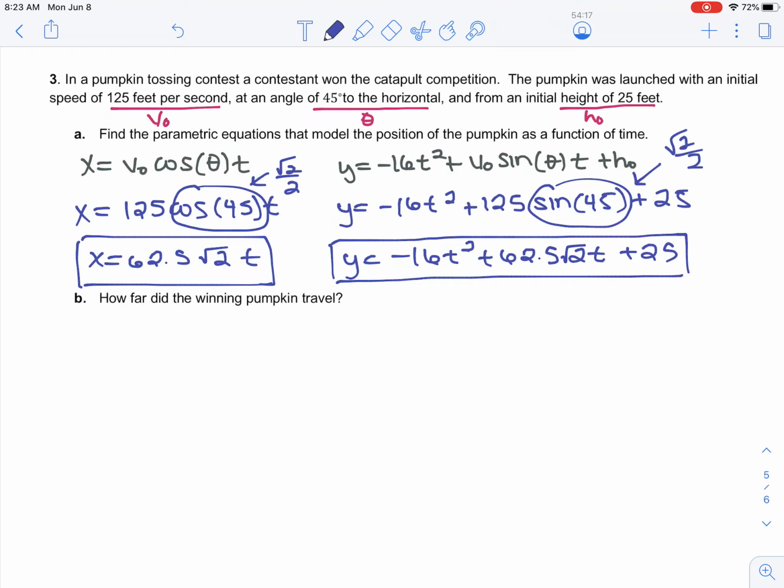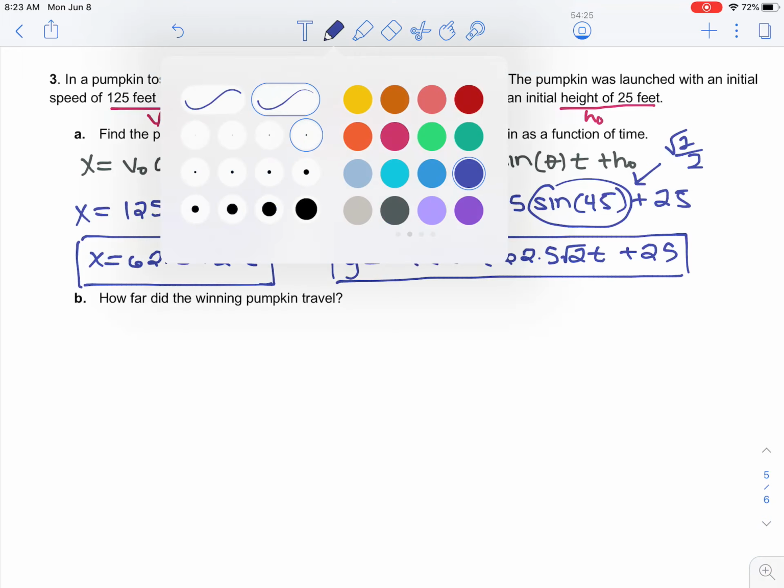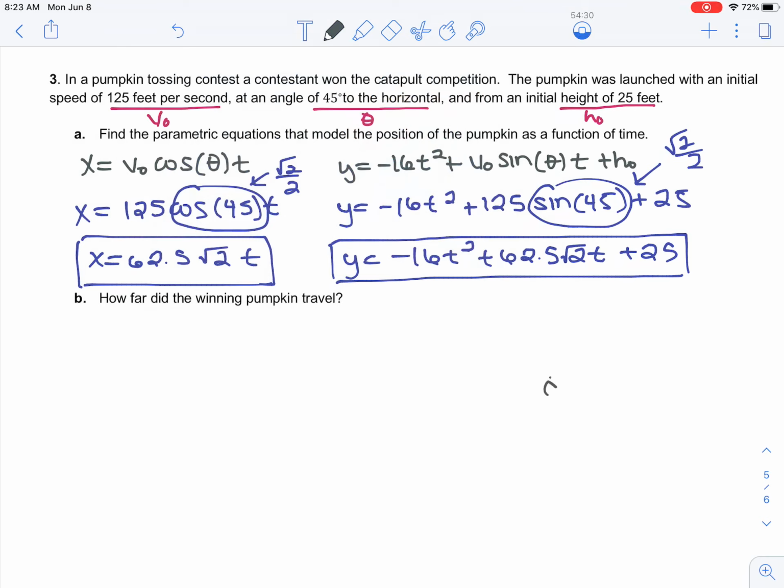Okay, and question B just asks, how far did the winning pumpkin travel? And so we want to know, again, we have to think about what's happening here, right? We have that our pumpkin got launched and landed on the ground. Remember, this is happening at a height of 25 feet. And so our pumpkin launches and it lands at the ground over here.